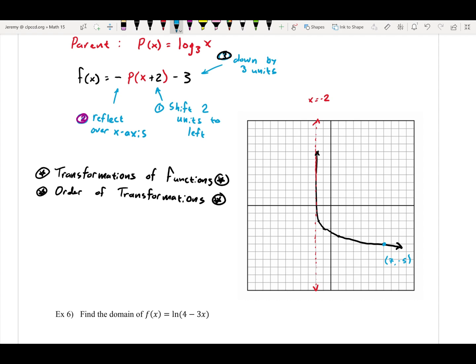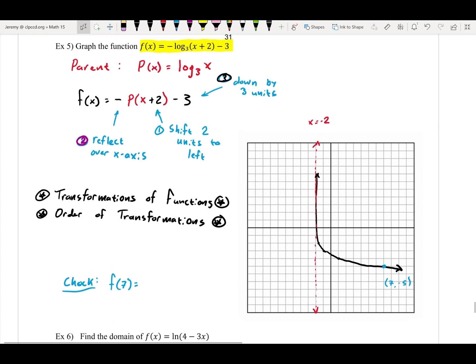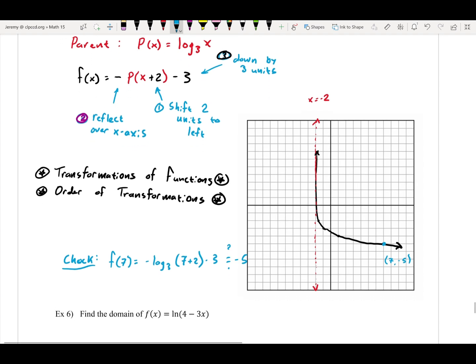I'll do this down here. f(7). What happens if I evaluate this function at 7? So negative log base 3 of (7 plus 2), minus 3. I'm hoping that this is equal to negative 5. Okay, so I'll put a little question mark over that equal sign because I don't know.